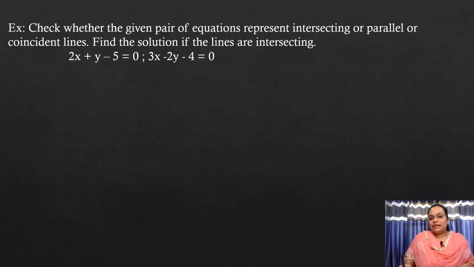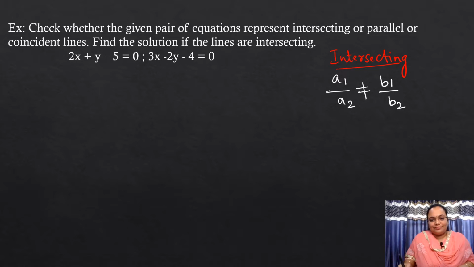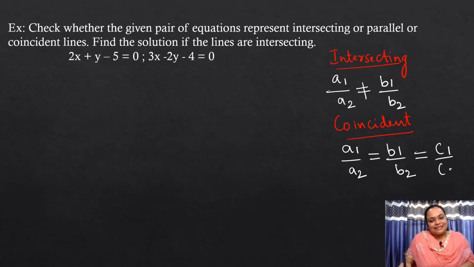So from the conditions for consistency, we know that if it is a intersecting lines, what is the condition? a1 by a2 will not be equal to b1 by b2. Correct? And if it is a coincident, what is the condition? a1 by a2 is equals to b1 by b2 is equals to c1 by c2.